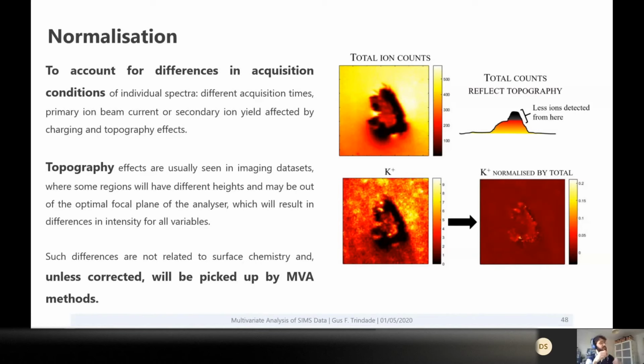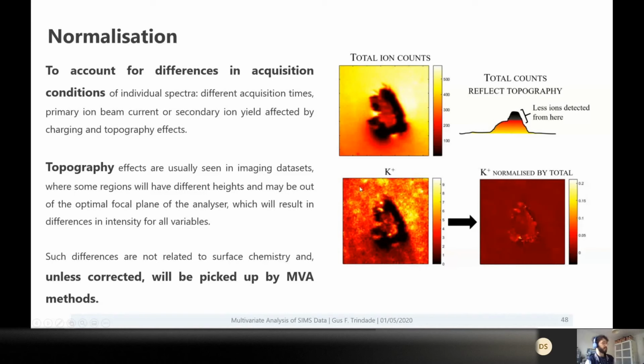So there's a specific height where you lose signal or it just gets weaker. This is reflected in your total ion count. Here, in this case, you have regions with really poor counts because it's out of the optimal height for detection. So if you get the counts there and normalize by the total, you try to flatten this, right?